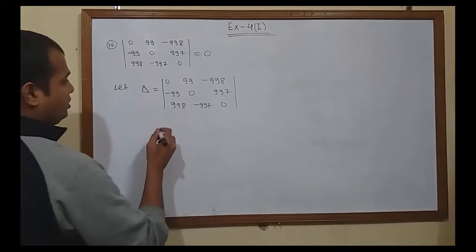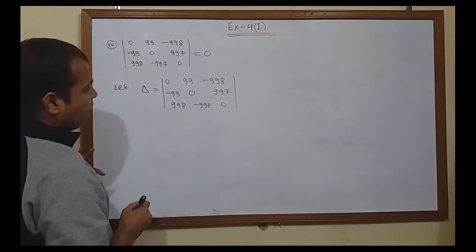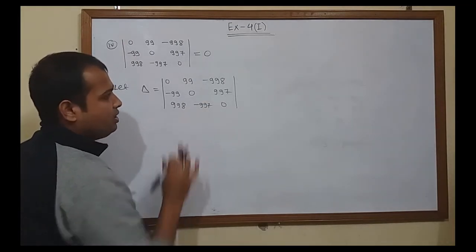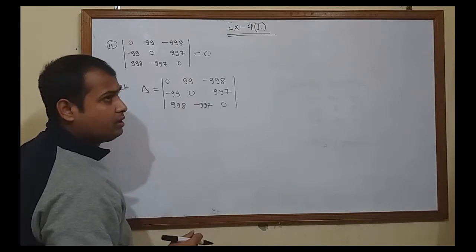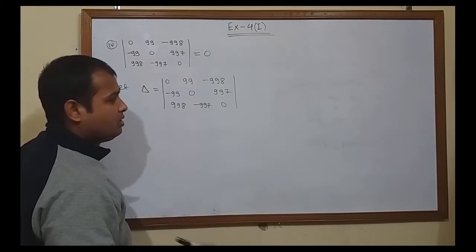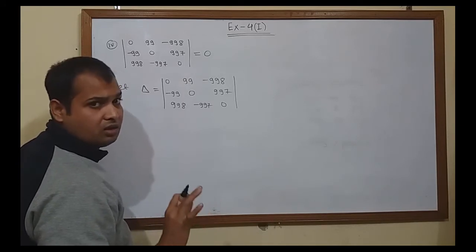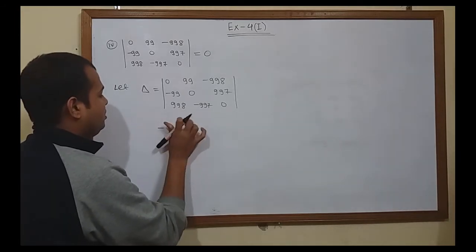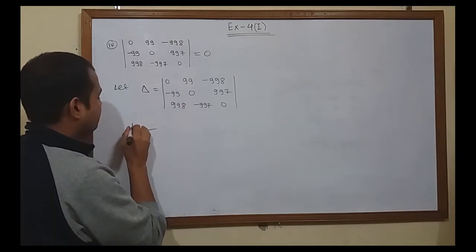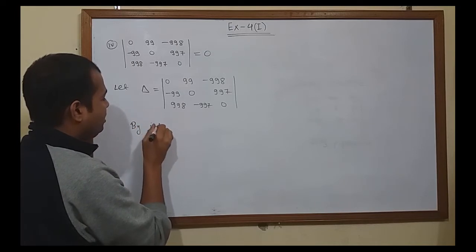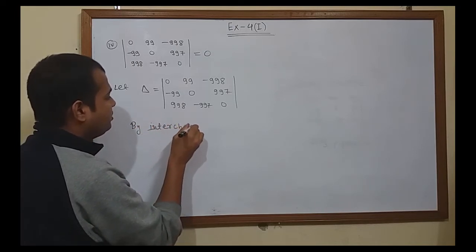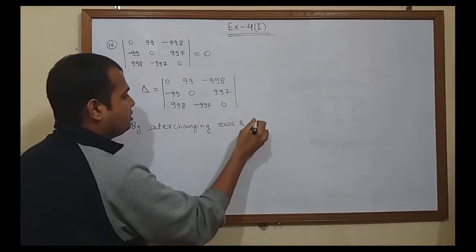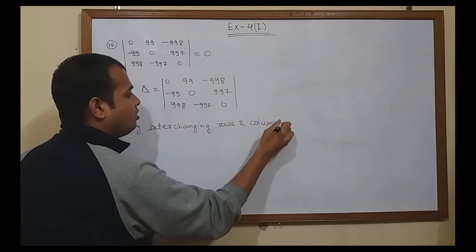So here what I will do is I will simply interchange the rows and columns. You know that if you interchange rows and columns, then the value of the determinant does not change. It remains the same as the original one. So you'll write by interchanging rows and columns.